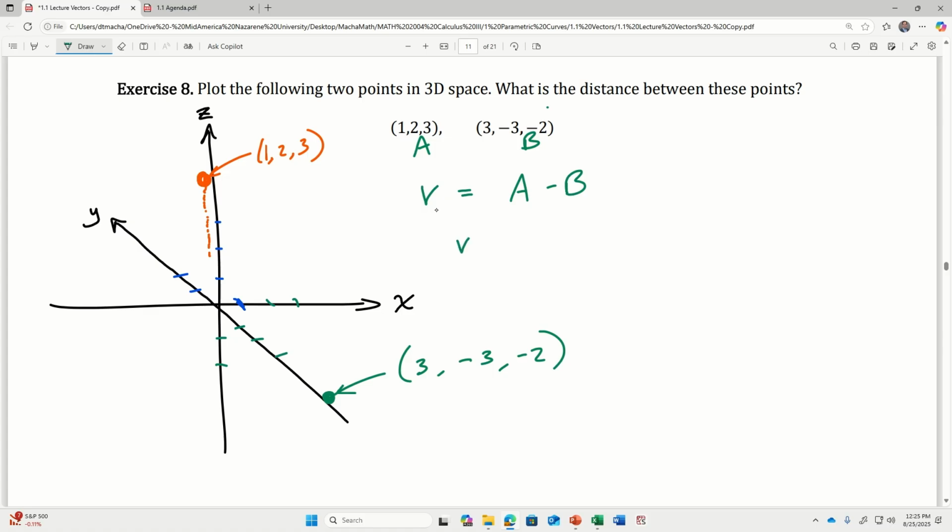And so if I do A minus B, that's 1 minus 3, which is negative 2. Two minus negative 3 is 5, and then 3 minus negative 2 is 5. So this is my difference vector.